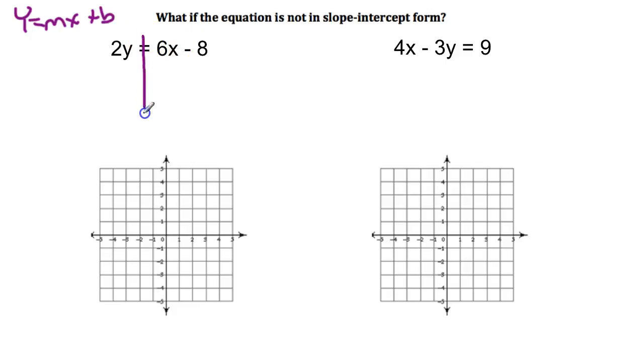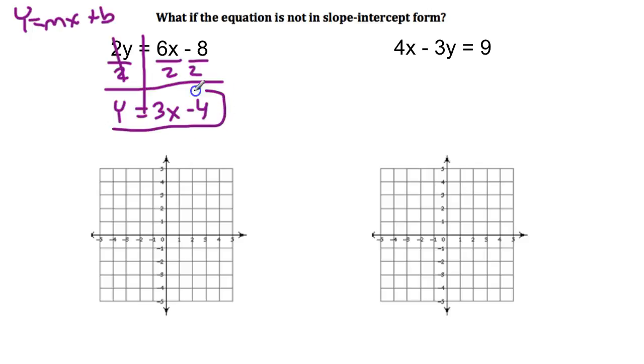This is 2 multiplied by y, so I need to do the opposite, which is divide by 2. Those cancel, and then I need to divide everything over here by 2. This side on the left, I'm left with just y. Over here, 6x divided by 2 is 3x. Negative 8 divided by 2 is negative 4. So I have y equals 3x minus 4.